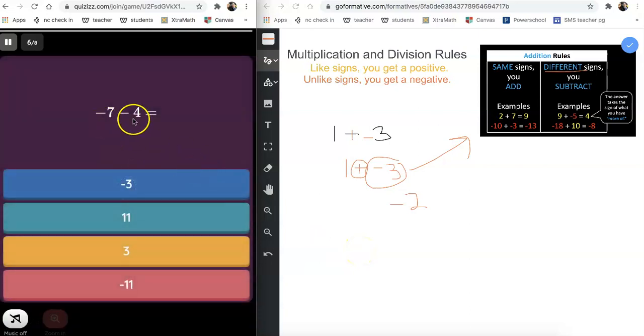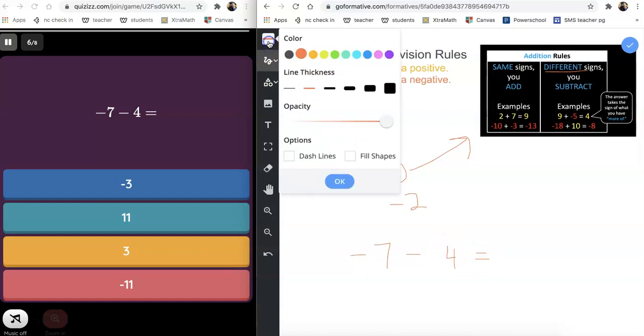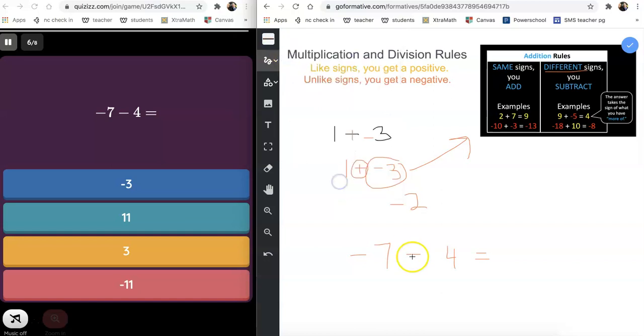All right, -7 minus 4. We're not going to deal with subtraction. We're actually going to change this to addition. So I record it with a lot of room so that I am able to change the subtraction to addition. Remember, you never change the first number, and then I need 2 changes in the middle. The subtraction becomes addition, and then we record the opposite of the 4.